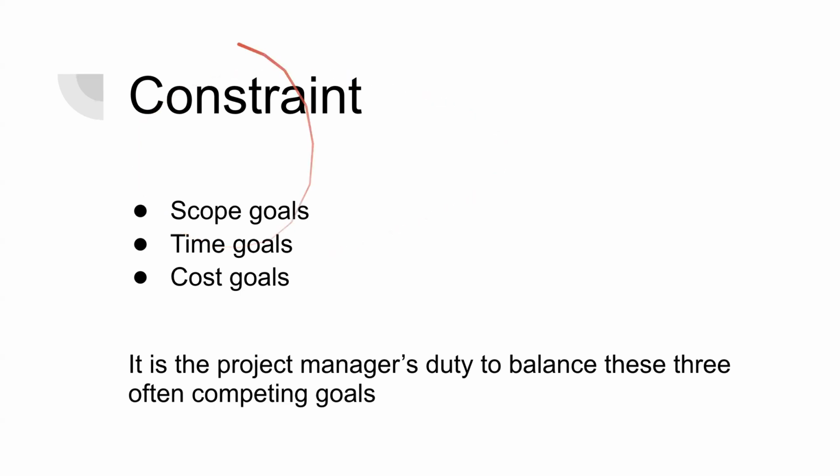So these are the three constraints. We will be looking in much more detail at how these three things cross each other, and what the after effect of these things is. As a high level, these are the three constraints.